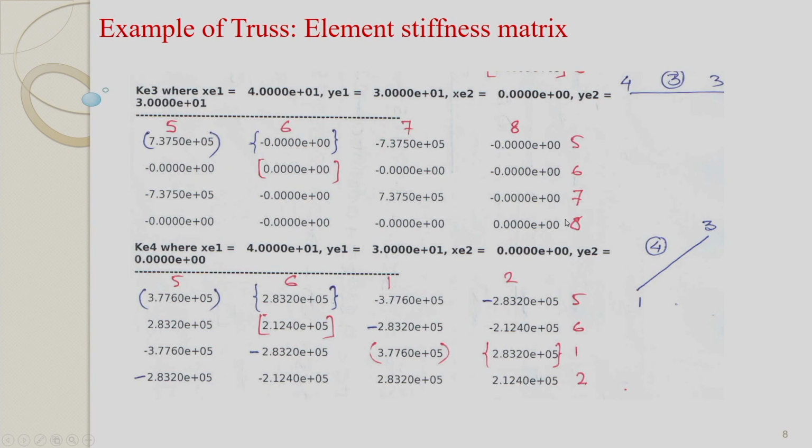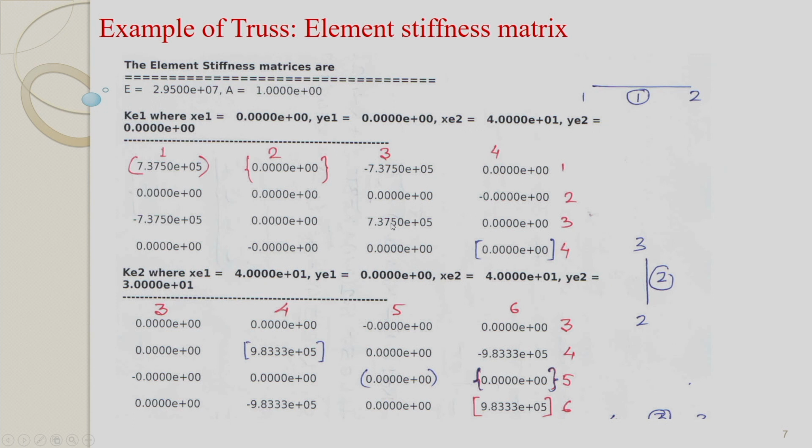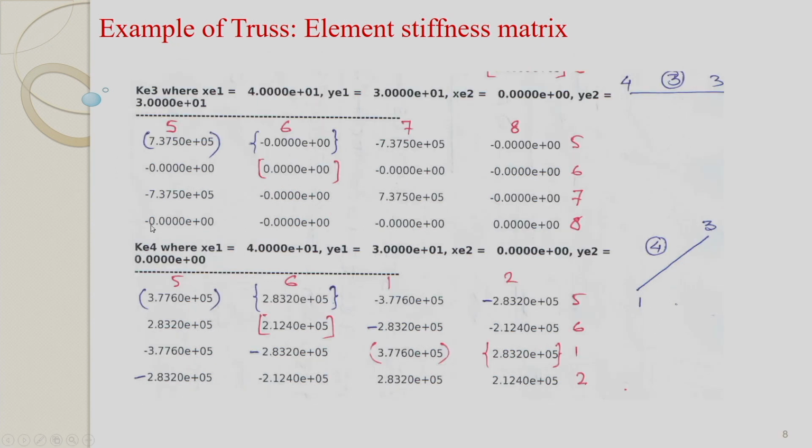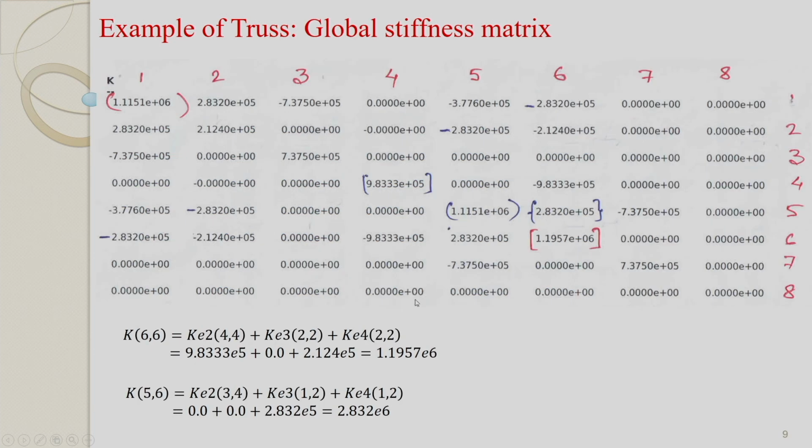Here you can see this 5 comma 6, these are this blue curly bracket for element 2. For element 3 again the same type of bracket, for element 4 the same type of bracket, and all they assemble in this 5th row 6th column.